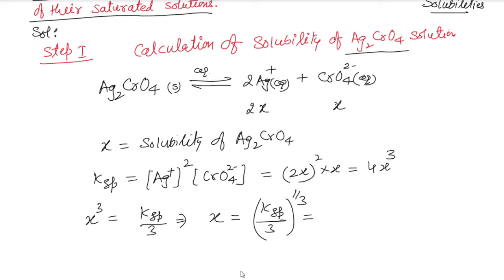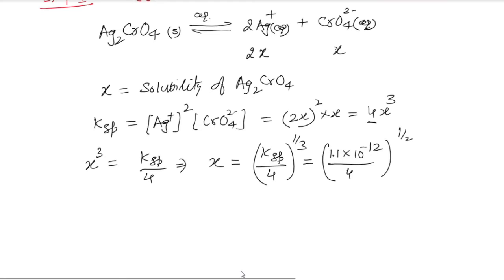And what is Ksp? 1.1 into 10 raised to power minus 12, divided by 4. Sorry, it is 4 actually. So 1.1 into 10 raised to power minus 12 over 4, raised to power 1 by 3.